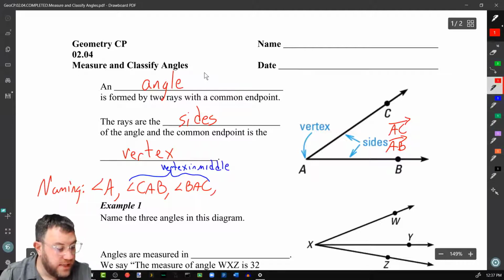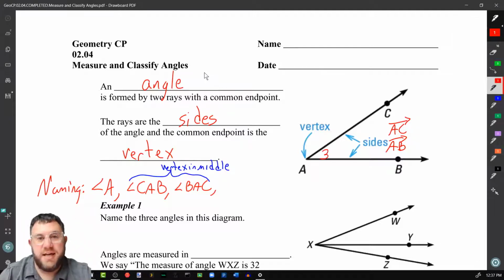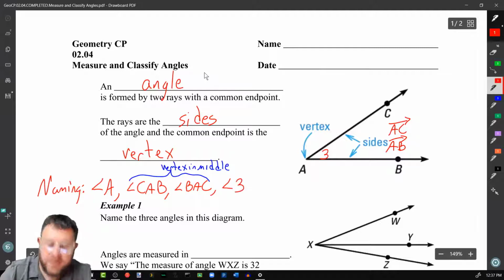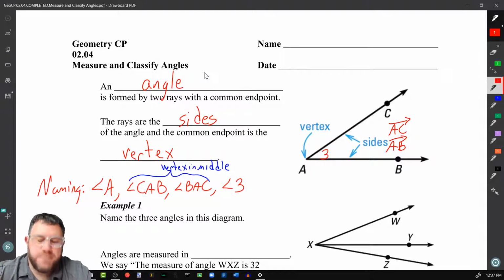And then sometimes, if there's a little number inside that angle, then we could call this angle 3. Oftentimes when you have figures that have lots of angles in them, they will be numbered, so that it will be easier to tell which angles are what, and it'll be easier to write their names down.